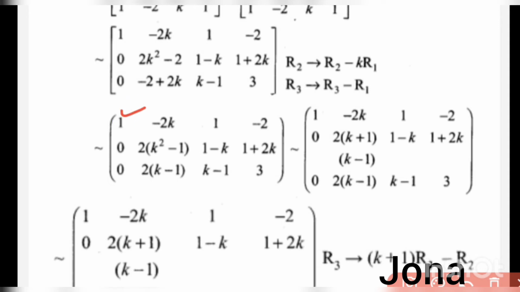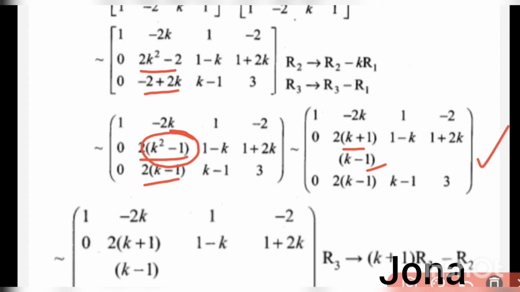In R2 we can take 2 as common, so 2 into k squared minus 1, and here we can take 2 as common, so 2 into k minus 1. This k squared minus 1 can be written as k plus 1 into k minus 1, that is a squared minus b squared equals a plus b into a minus b. The remaining things keep as they are.